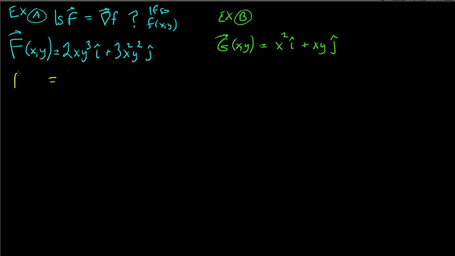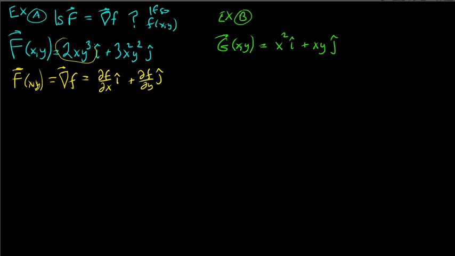In order for this capital F to be the gradient, what do we know about the gradient? It's going to be a vector field whose components are the two partial derivatives. The i component is the partial with respect to x, and the j component is the partial with respect to y. So we get two equations here.